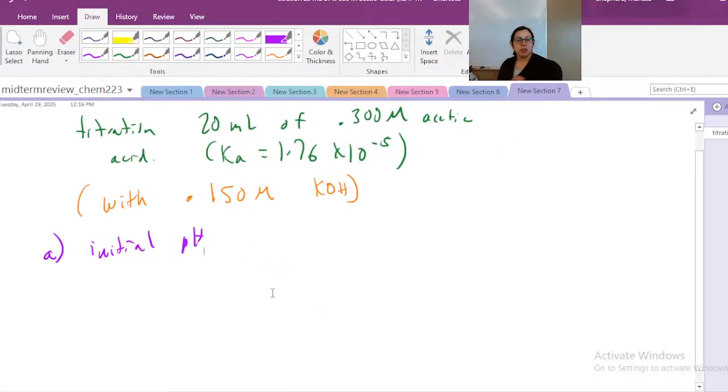The negative log of the molarity. So yeah, but it's not just the negative log of the molarity though, right? Because it's a weak acid. So we have the Ka.